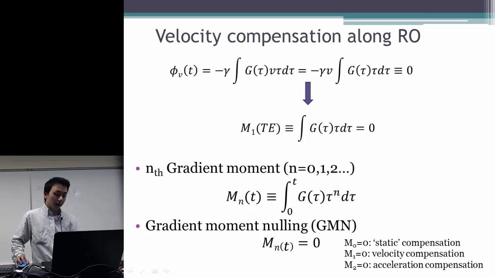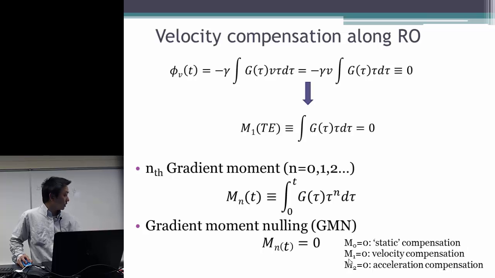Practically speaking, when we achieve gradient moment nulling for the zeroth gradient moment, we have achieved a static compensation of the gradient effect. That means we can create a gradient echo for the static spins.